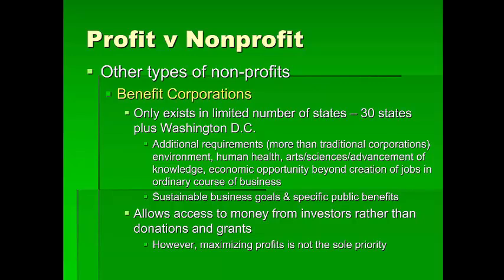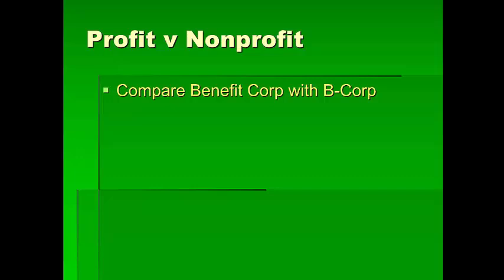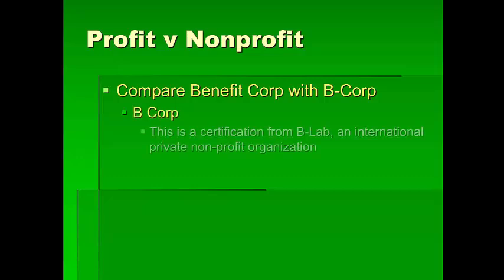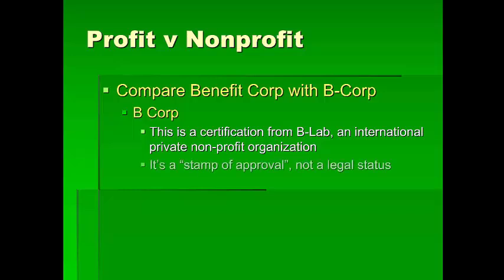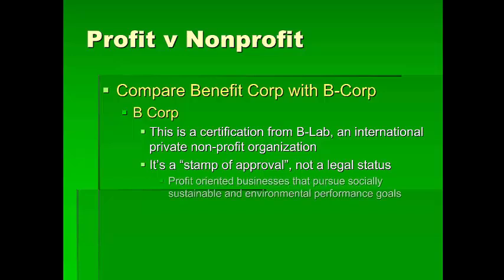There's another mission. There's also this title that's out there called the B Corp, and that is not a legal entity. This is a certification, and it comes from a company called B Lab, which is an international private nonprofit organization. It's essentially a stamp of approval or like a certification. It's not a legal status. It's almost like joining a club.